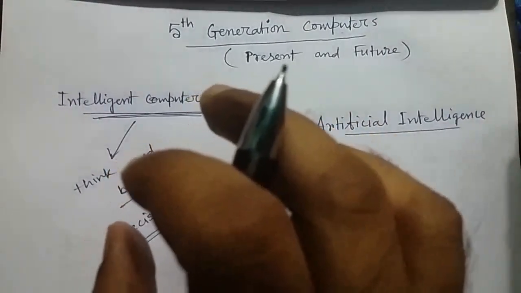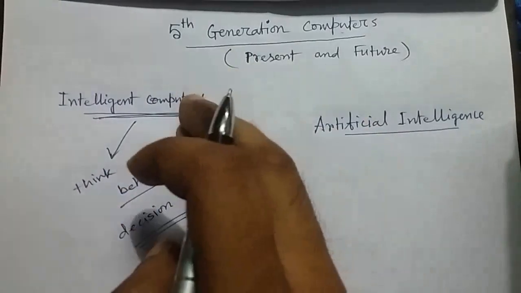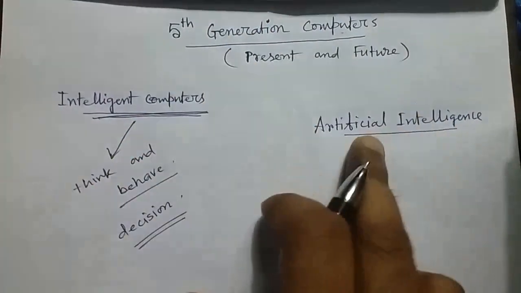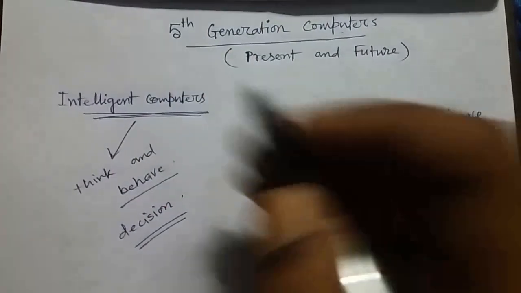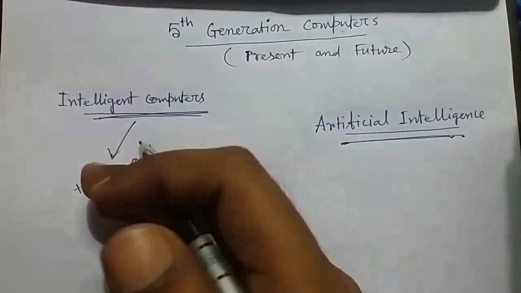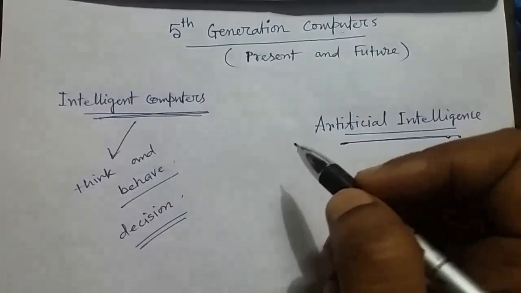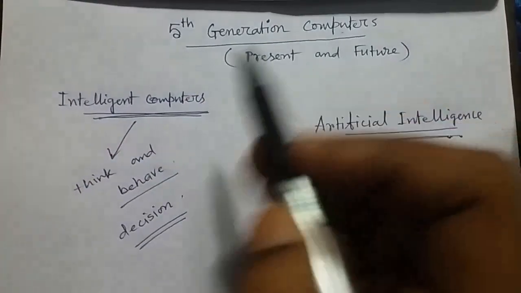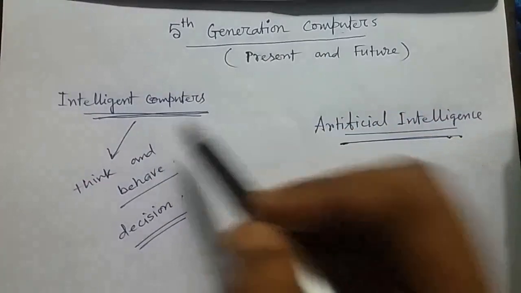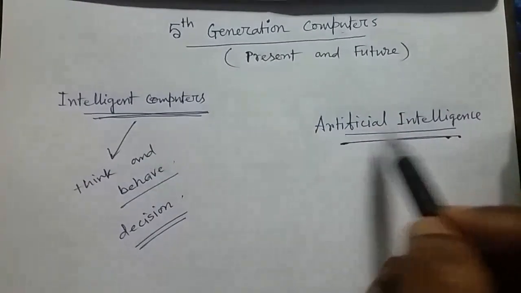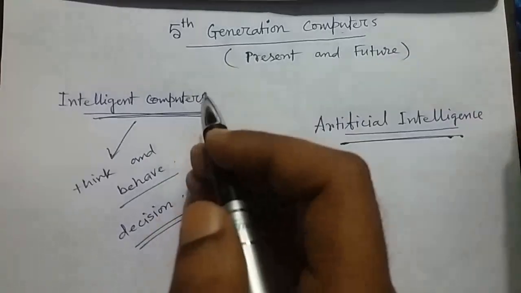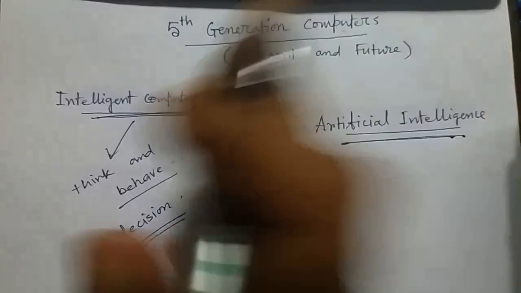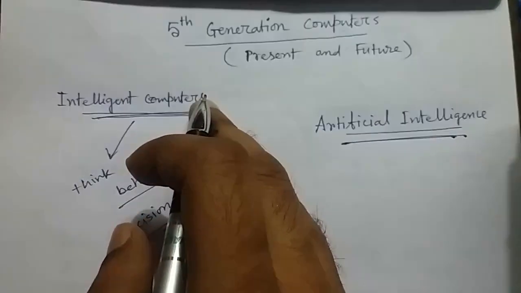So they need to apply a technology or a concept, and this concept is actually artificial intelligence. Our intelligence is natural intelligence, and the intelligence that will be installed in those computers will be termed artificial intelligence, because this intelligence is given by us, by human beings, to those computers.